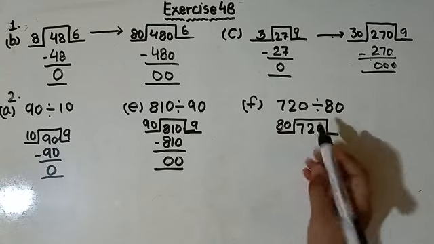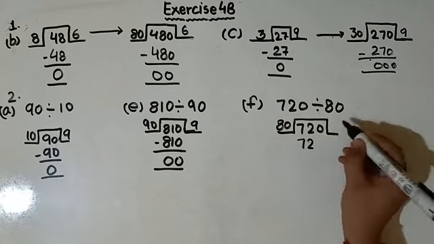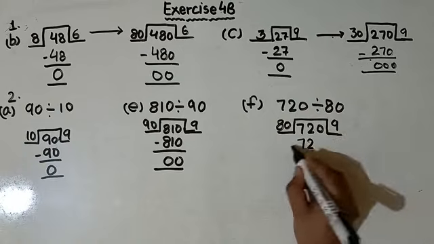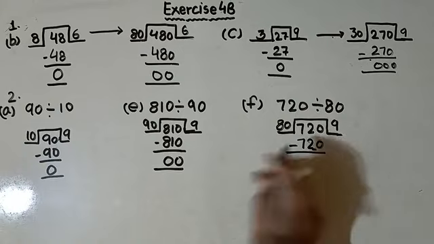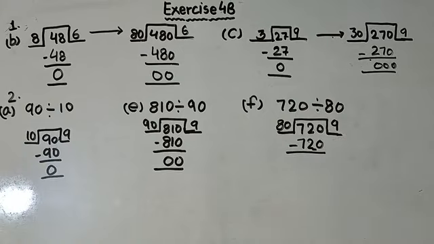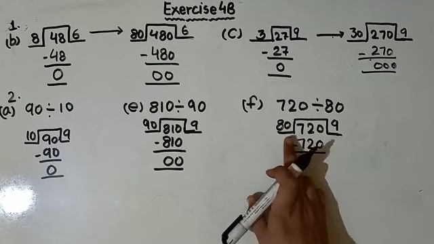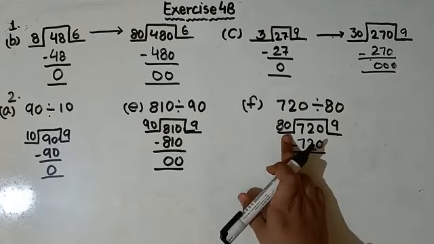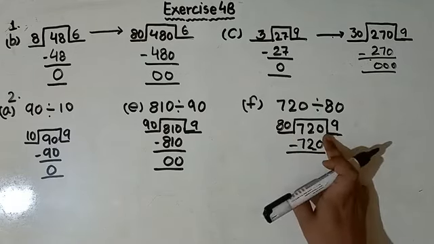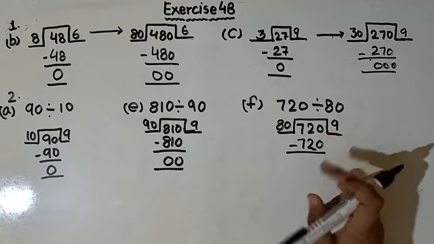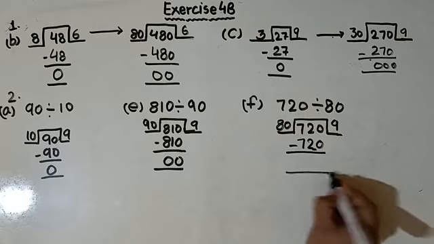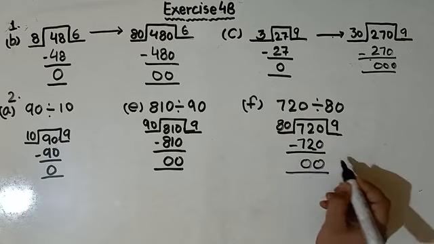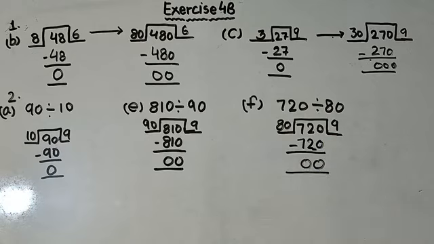So in the table of 8, how many times does 72 come? 9 times. That means in the table of 80, 720 will also come 9 times, because here we have 0 in the last digit of the divisor and here we also have 0 in the last digit of the dividend. Is that clear? So again we got zero as our remainder.